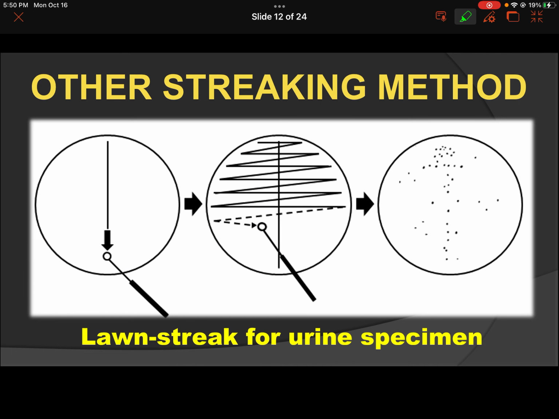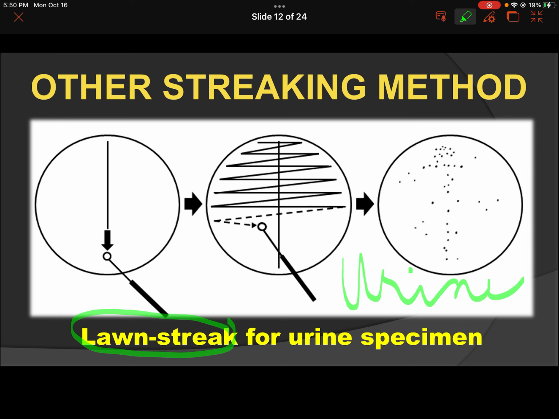Another thing, this one. This is the lawn streak for urine specimen, but sometimes in layman's terms it is called the Christmas tree streaking method because of how it looks. This is usually recommended for urine specimen.